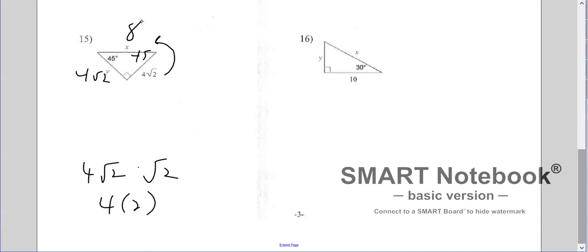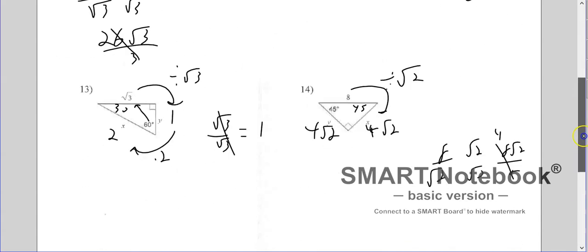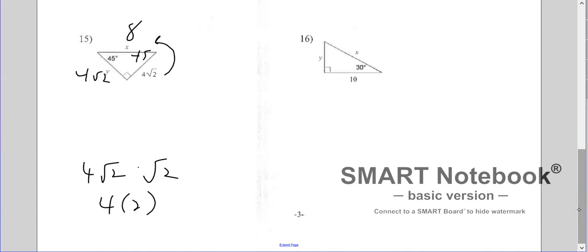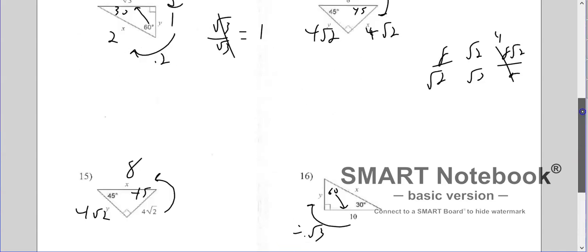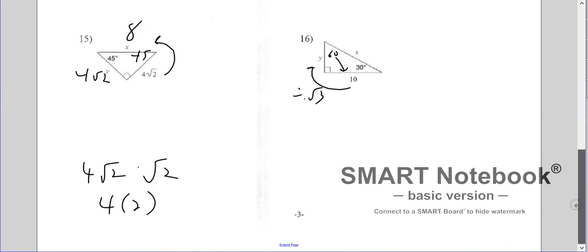Now, number 16 is going to be rather similar to number 11 because we have the long side. So we're going to go to the short side first by dividing by radical 3. So this one's the nastiest one of the bunch because nothing's going to cancel. You know, in number 11, the 6 and the 3 canceled, and we had no denominator.